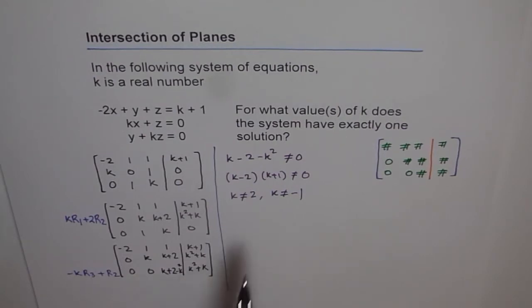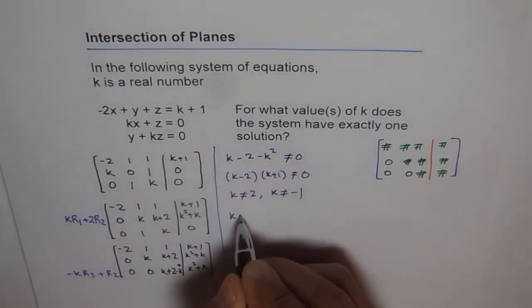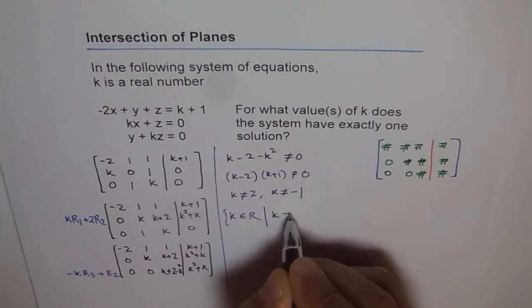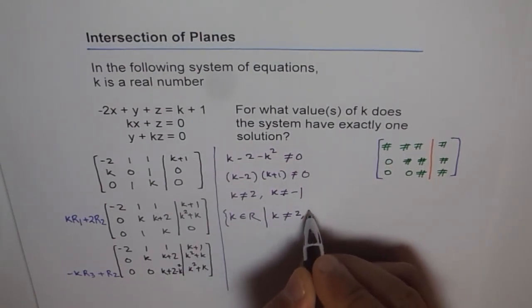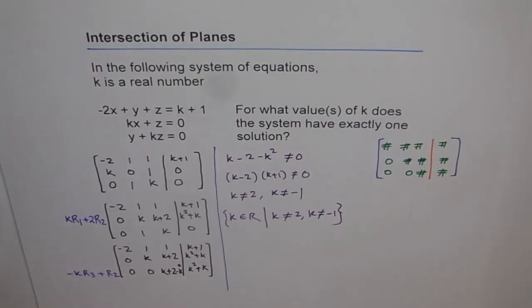Because this is 0 only for these two values of k. Okay? So for all other k's, we have one solution, correct? So we say k belongs to real numbers, where k is not equal to 2 and k is not equal to minus 1. Okay? So that's how we arrive at our solution, right?